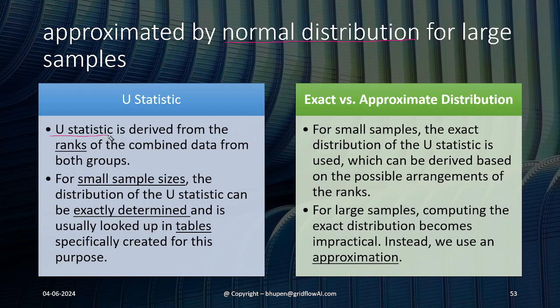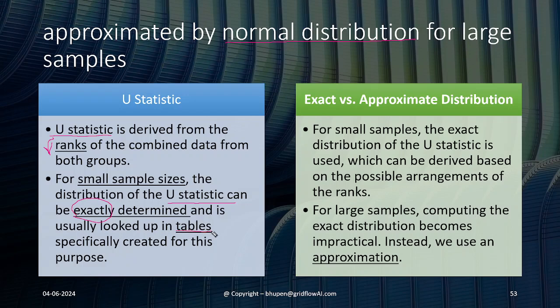The U statistic, as you have learned, is computed from the ranks of the combined data. For small sizes, let's say you have very few examples in group 1 and group 2, less than 20, or less than 10, for example, then the distribution of the U statistic can be exactly determined by using some tables.